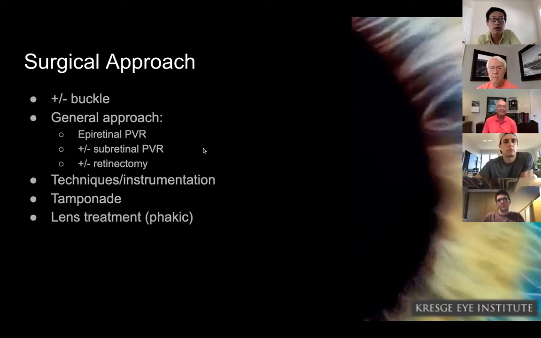Let's just quickly touch on general surgical approach, some key points. Dr. Abrams, do you always put on the buckle for most of your PVR? For severe PVR, they already have a buckle. Very rarely would I change it.